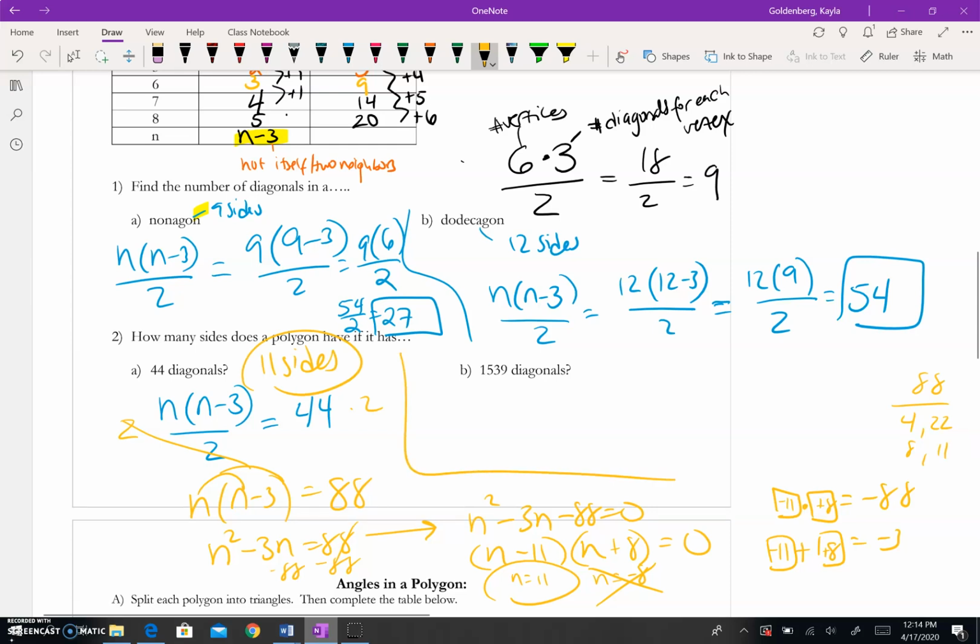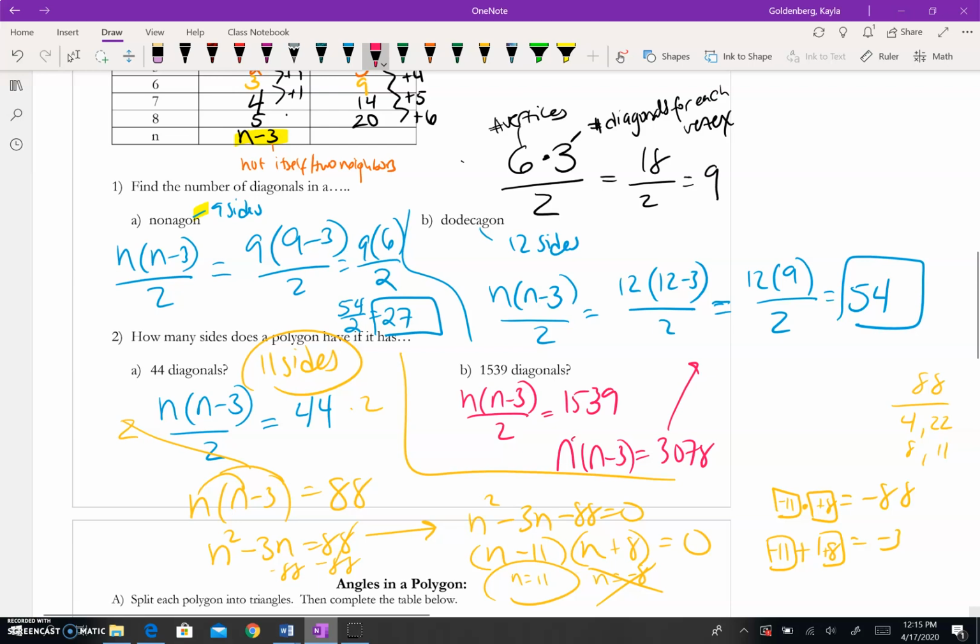Last one is going to be the same setup. Okay, so we're going to have n times n minus 3 over 2 equals 1539. If I do 1539 times 2, we're going to have n times n minus 3 is equal to 3078, quite a large number.